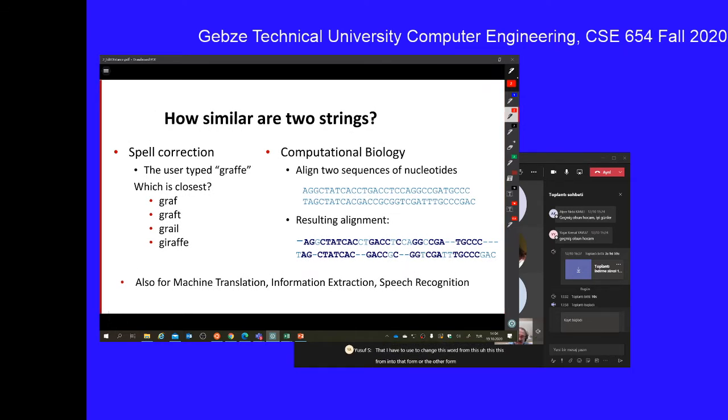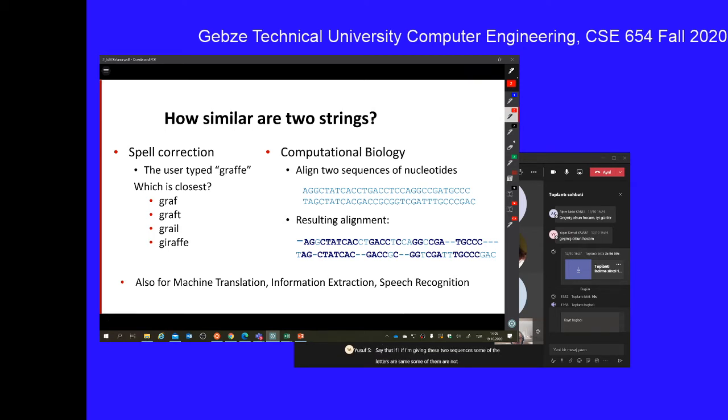That was the problem, and we said that this problem is not only specific to natural language processing. Many other areas of engineering and sciences, for example computational biology, try to find the alignment between two sequences. If I am given these two sequences, some of the letters are the same, some of them are not.